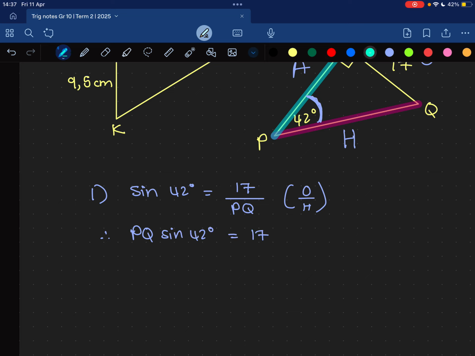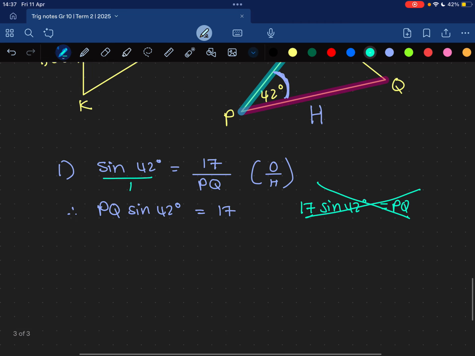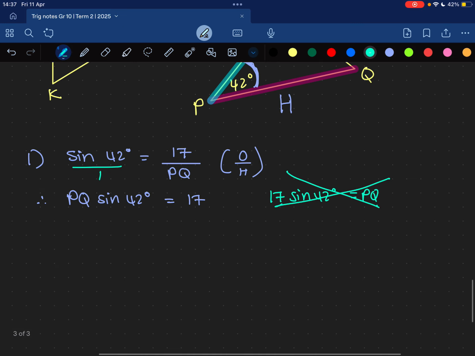Okay, some of you can also put this over 1 and you can do the cross multiply that maybe you're more familiar with. But do not make the mistake of saying 17 sine of 42 is equal to PQ. Okay, that is very bad. You're not doing the right thing mathematically. So please be careful of that. Okay, that is not correct at all.